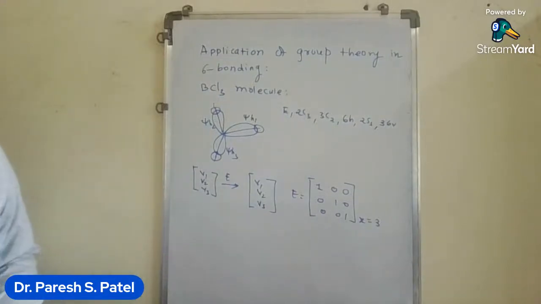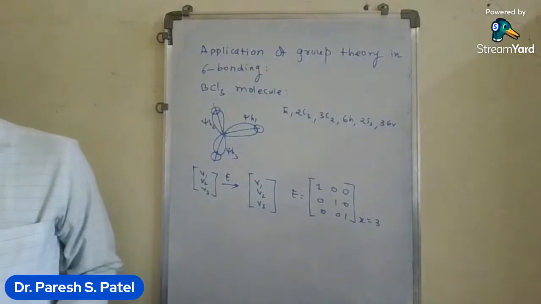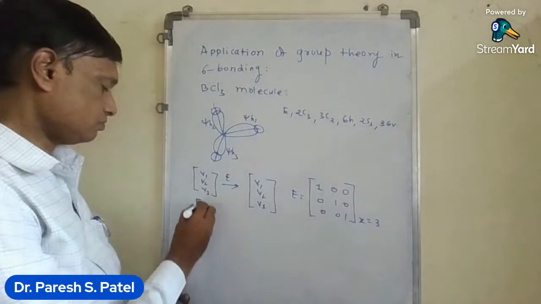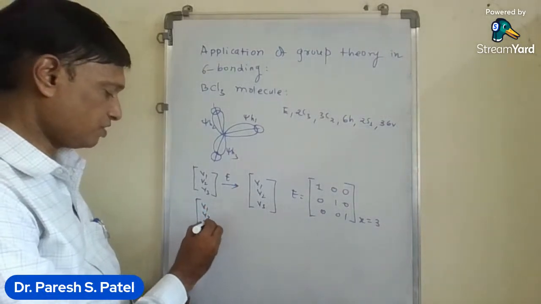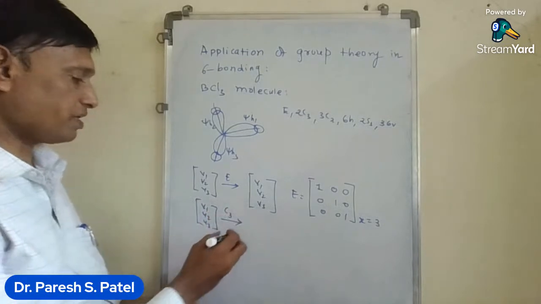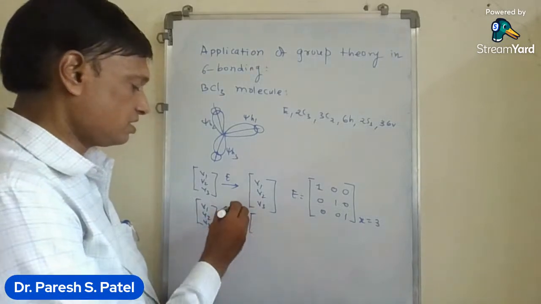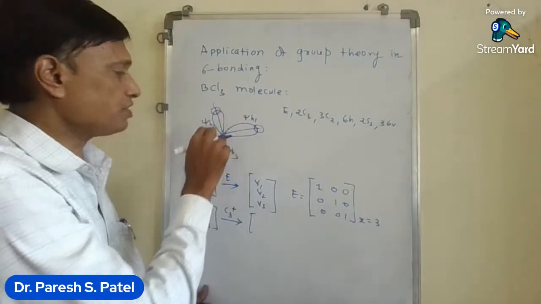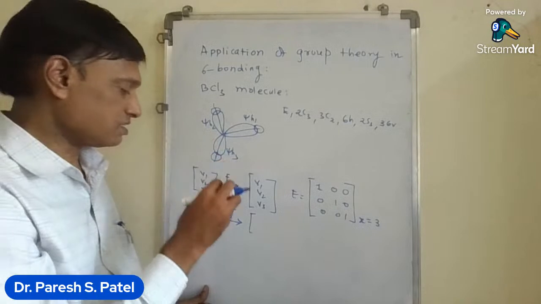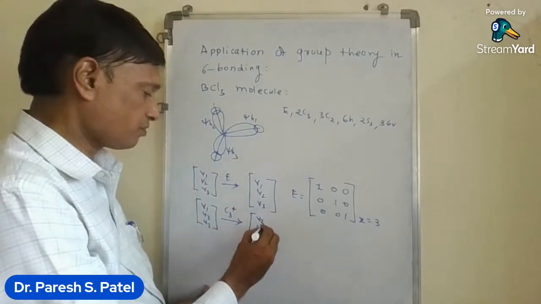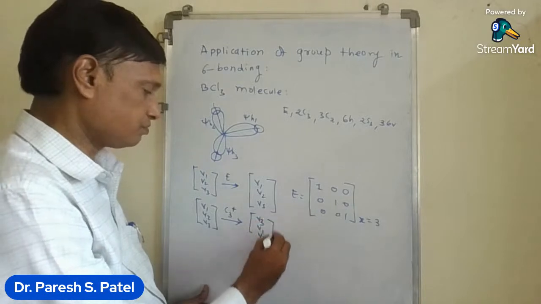Now if we operate C3 plus and C3 minus on V1, V2, and V3: C3 plus means one clockwise rotation, so the positions of all these vectors will be changed. We can write V3, V1, and V2.